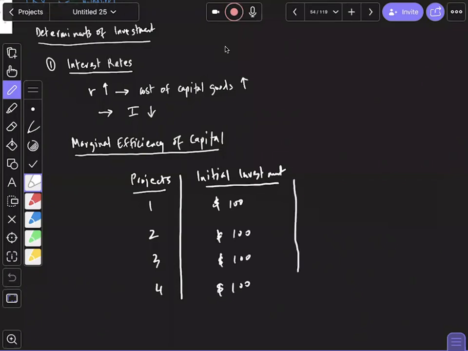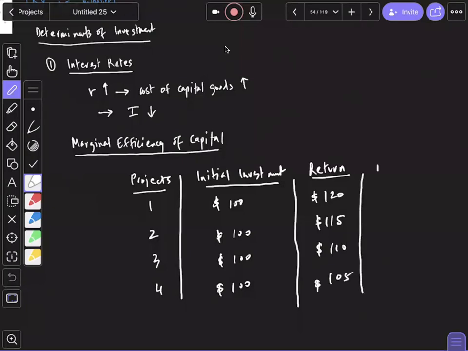You can choose all of them, or one of them, depending on the rate of return. Let's say when you put $100 in project 1, you get $120. In project 2, you get 115. In project 3, you get 110, and in project 4, you get 105.